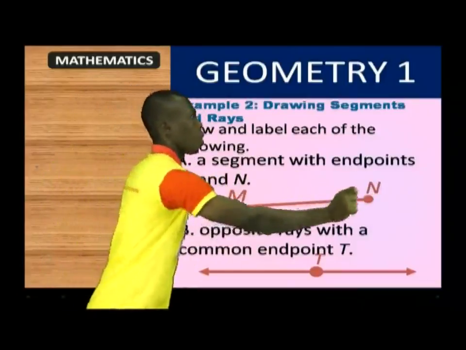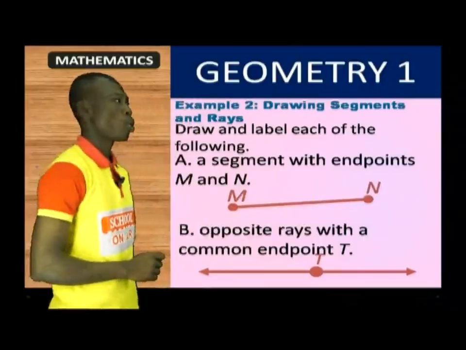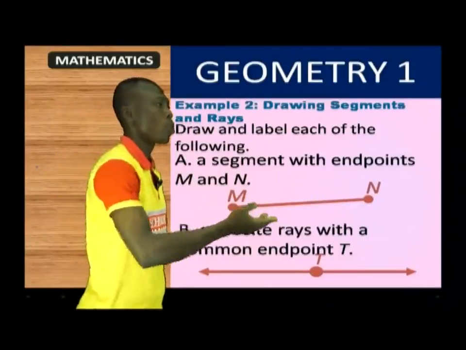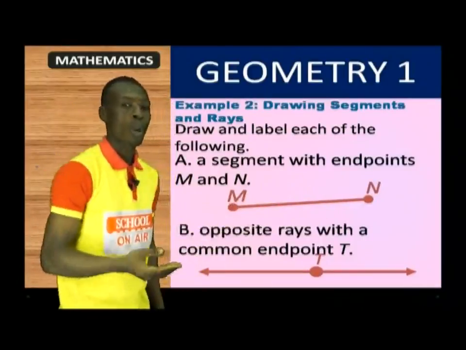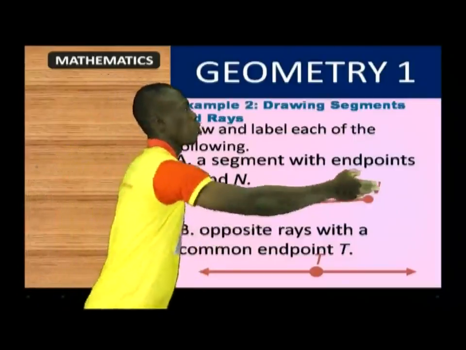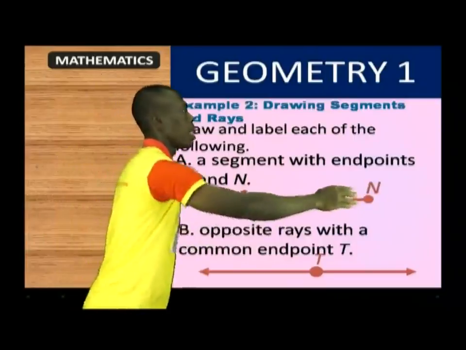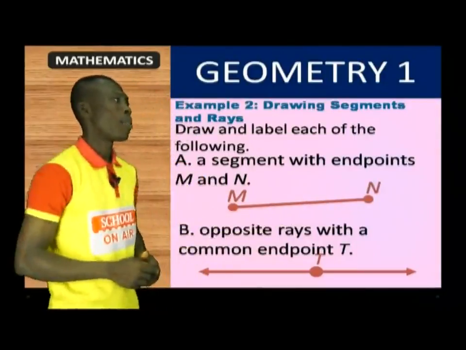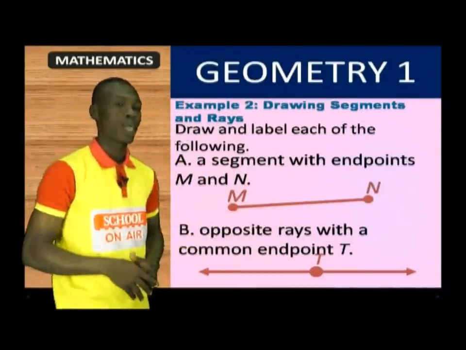Then you join the 2 points with your ruler or any straight edge. So we have the line segment MN.